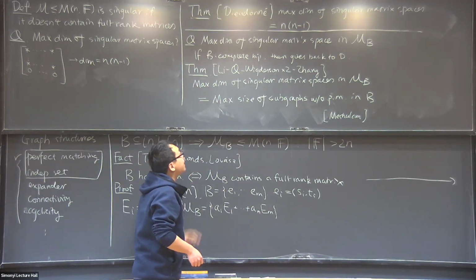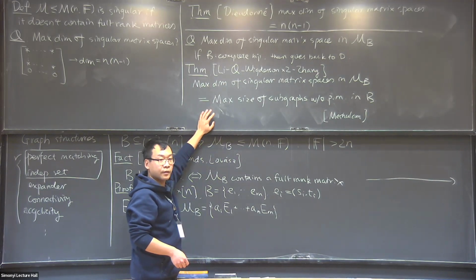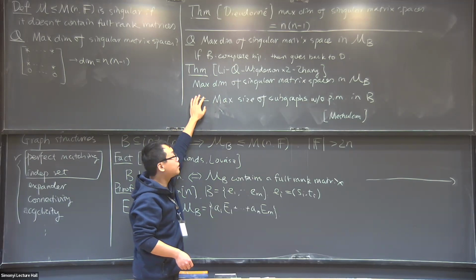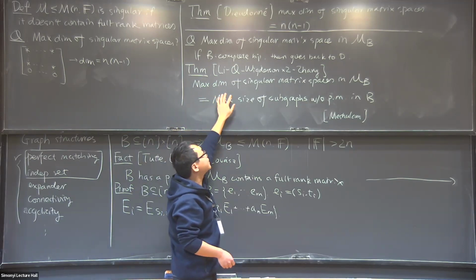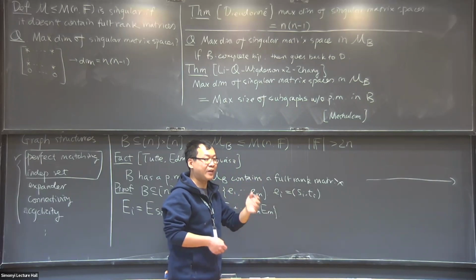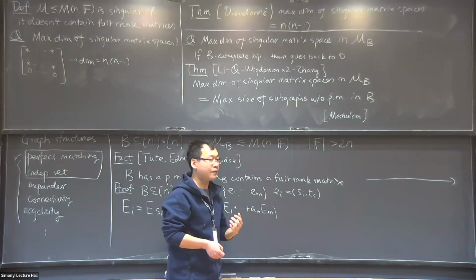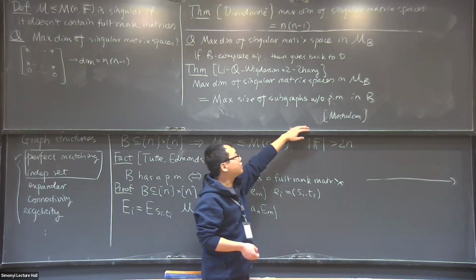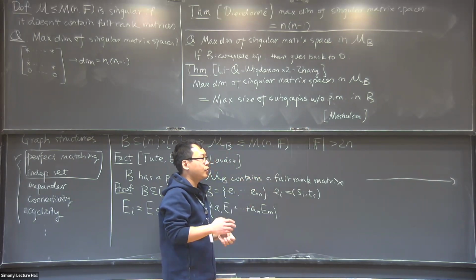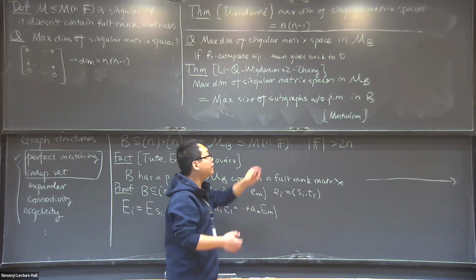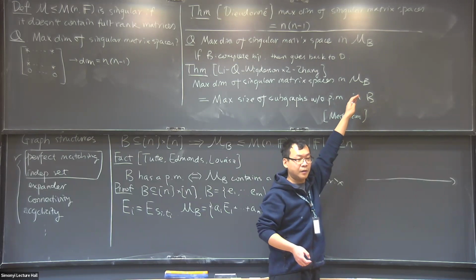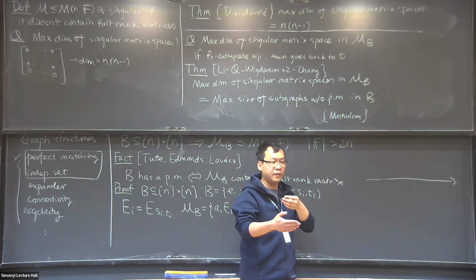You can imagine for this type of thing, usually one direction is easy, right? Going from graph to matrix space is easy. But the tricky thing is, if you have a singular matrix space in MB, it may not be in a nice format corresponding to some graph. So what Meshulam did was a very clever idea. Even though the matrices are in MB, they may not be rank 1, for example. But you can choose a clever basis.